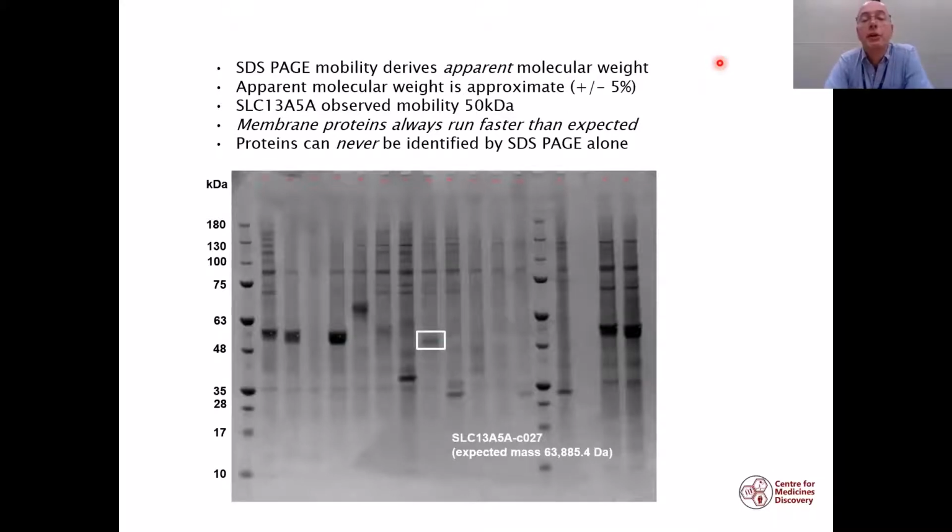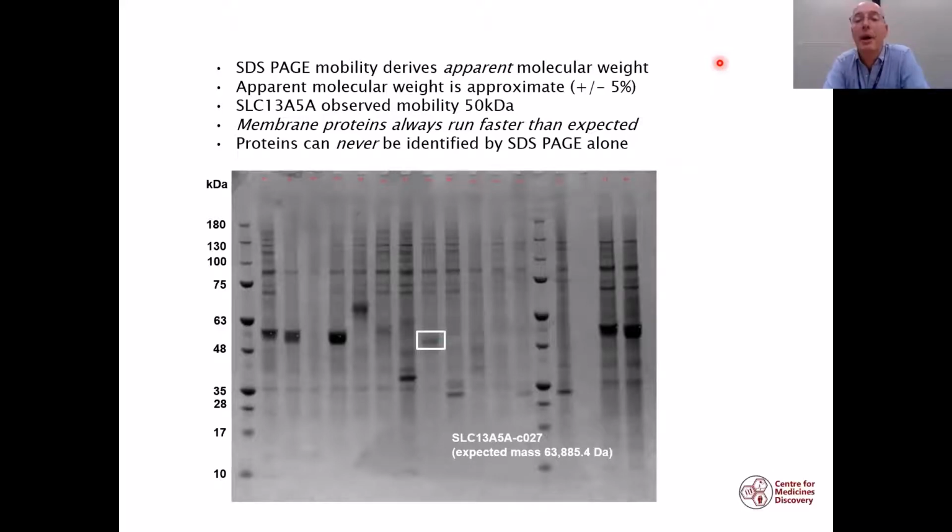So you can run proteins on SDS-PAGE. From SDS-PAGE you will derive the mobility, and from the mobility you can calculate the apparent molecular weight. Now remember, this is a mass spectrometry seminar. We do not measure the mass from SDS-PAGE.